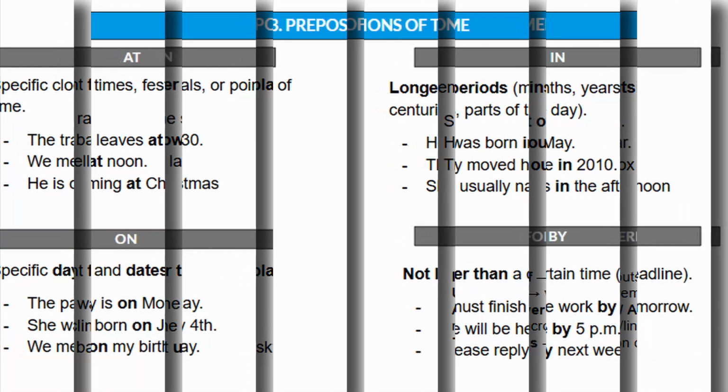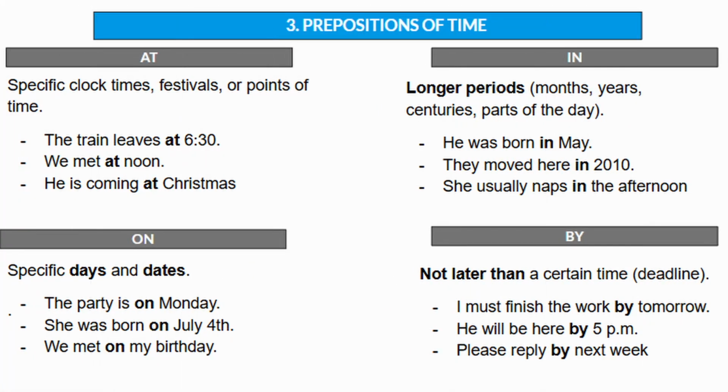We also have the prepositions of time. Among the prepositions of time, we have the preposition at. We use at to refer to specific clock times, festivals, or points of time. For example, when you talk about the time, you have to use the preposition at.